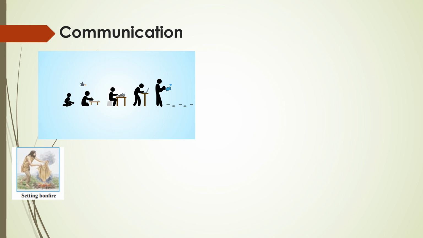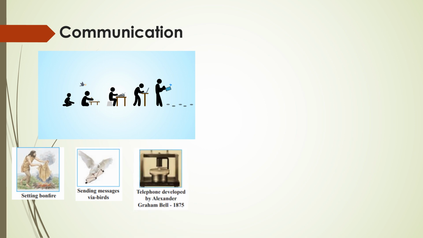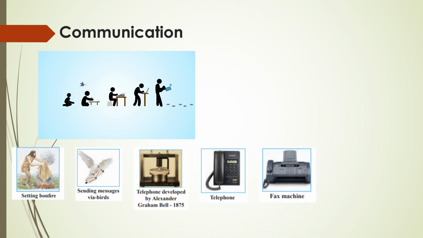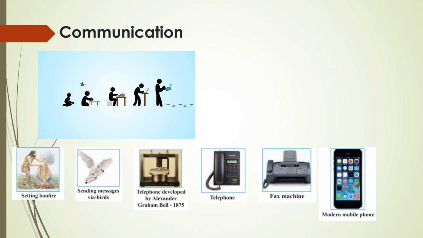So they set bonfire, and then they sent messages via birds, and later the telephone was developed by Alexander Graham Bell in 1875, and then we have the modern telephone and fax machine, modern mobile phone, so that can be called smartphones, and now we use satellites.